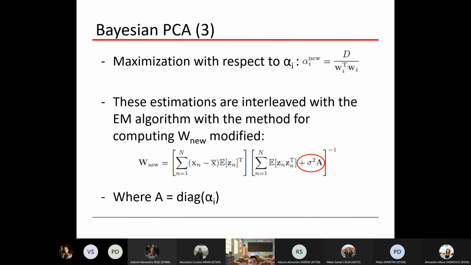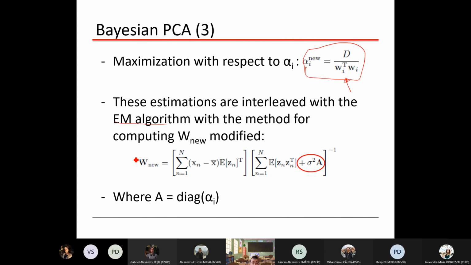And we can also do this in between the EM steps. So the maximization with respect to alpha i will give us this formulation: alpha i new is D divided by Wi transposed multiplied with Wi. And we can interleave this maximization with respect to alpha i with the EM algorithm that we defined before.